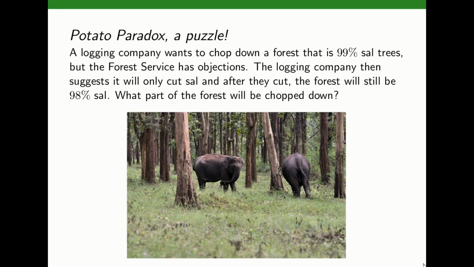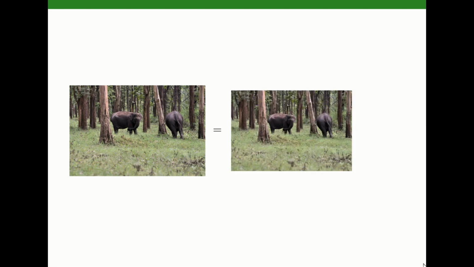Okay, so let's go back to the problem now. Let's first understand what the problem is all about. Now we are told that we have a forest which has 99% sal trees and 1% other kind of trees. So this is an approximate picture representation of the problem.